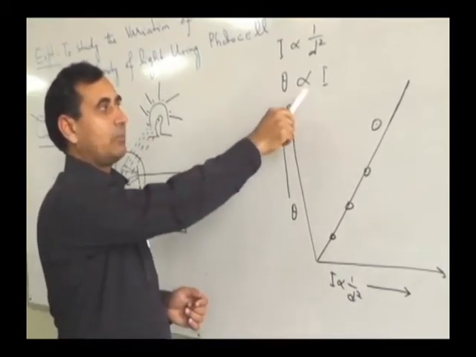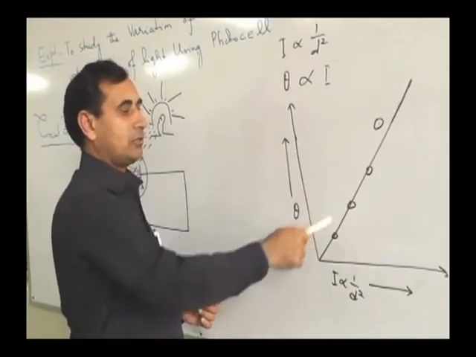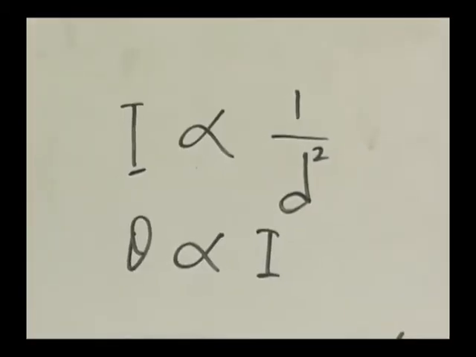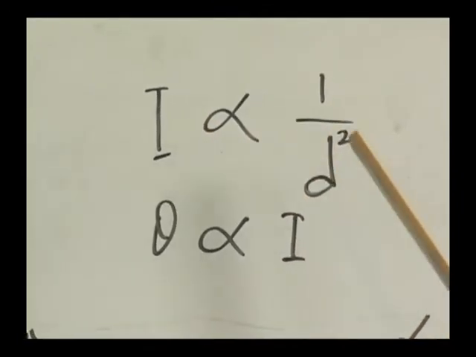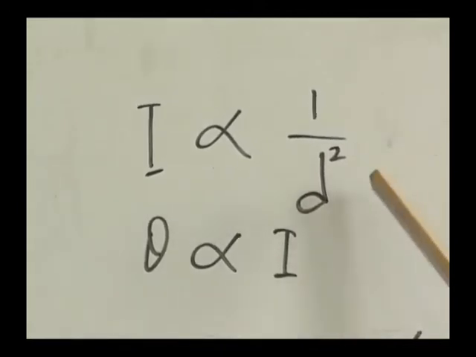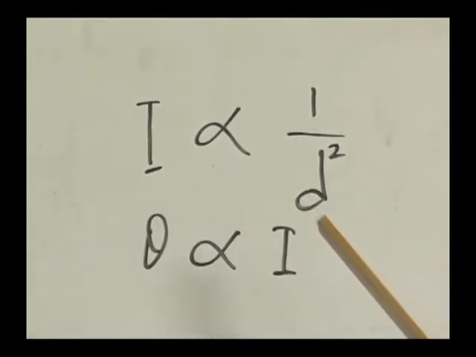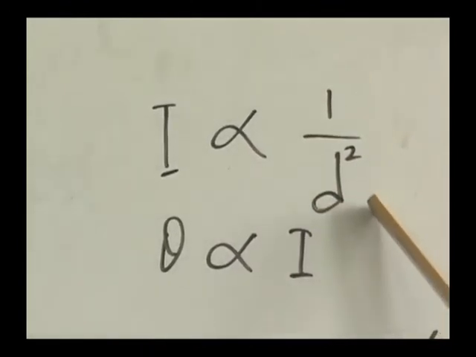Since they are directly proportional to each other, the graph will be a straight line as shown in the figure. As we know that the light intensity is inversely proportional to the square of the distance between the electric lamp and photocell. So here I is directly proportional to 1 over d square.